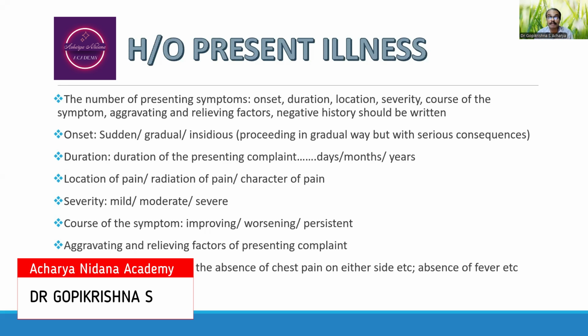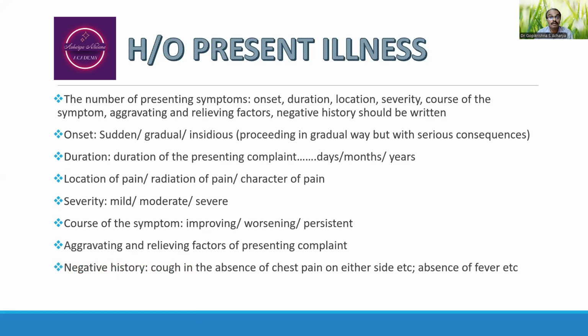Let me give you one more example. If the person is having pain in the right hypochondriac region, radiating towards the inferior angle of the right scapula, the organ afflicted could be the common bile duct. Like that, the radiation of the pain will be helpful in making a clinical diagnosis.